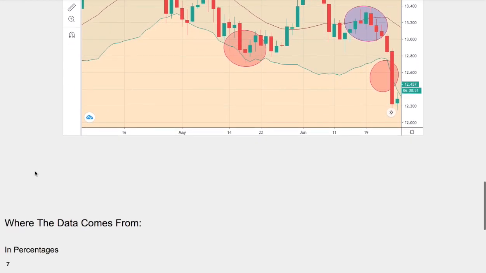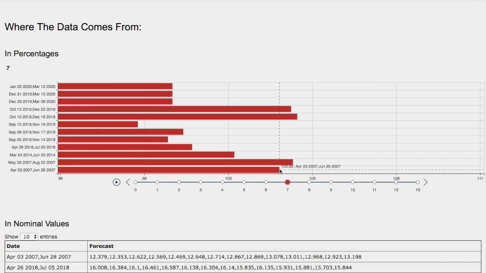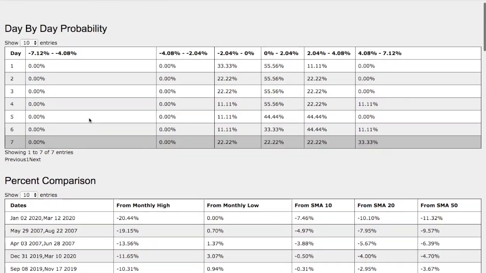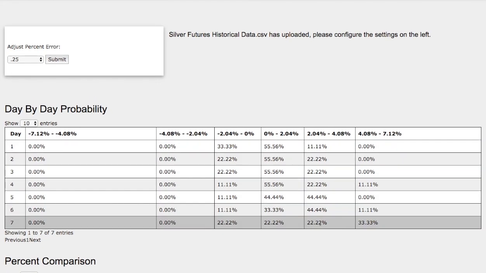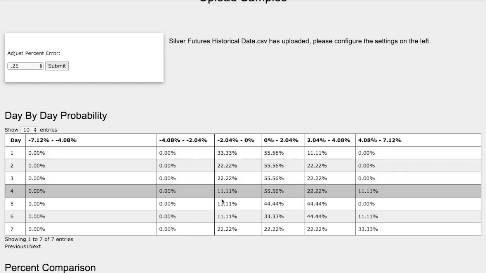The trend that we just examined was April 3rd, 2007 to June 28th, 2007. Back then, silver was up 3.4% or 3.8%. If we head back to the day-by-day probability model, that coincides with this standard deviation of 22% chance for silver to head up higher between 2 to 4%.